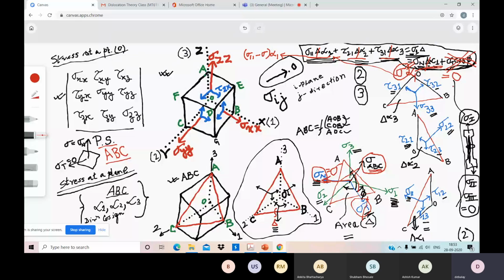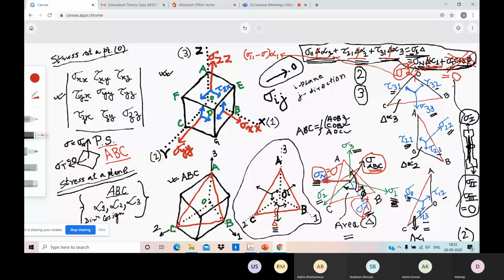So that is my final expression considering force balance along direction 1 for the principal plane, where sigma is the principal stress acting on the principal plane ABC. Similarly, for direction 2, what will be my expression?